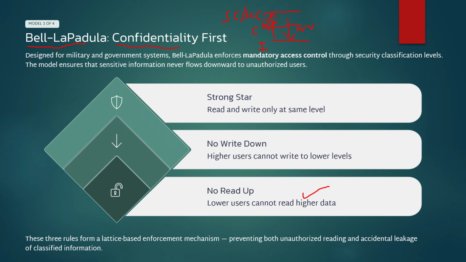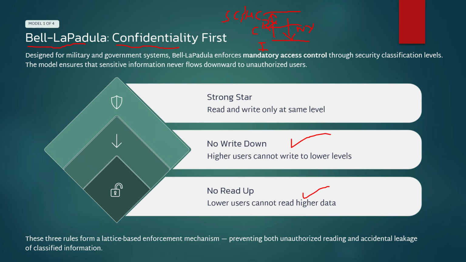A general cannot write classified info into a public folder. Let's say in the military, there is a high ranking officer who has some classified data. He should not be writing that classified data into the public folder. So that is no write down.